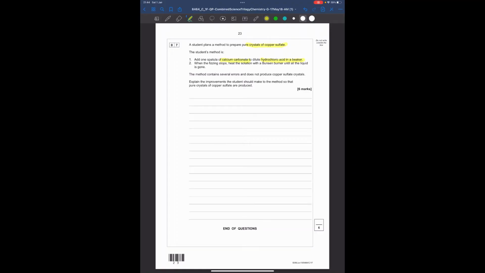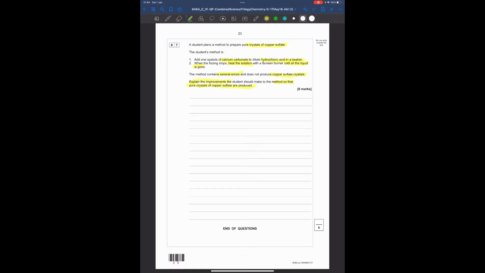When the fizzing stops, heat the solution with a Bunsen burner until all the liquid is gone. This method contains several errors and does not produce copper sulfate crystals. Explain the improvements that the student should make so that pure crystals of copper sulfate are produced.